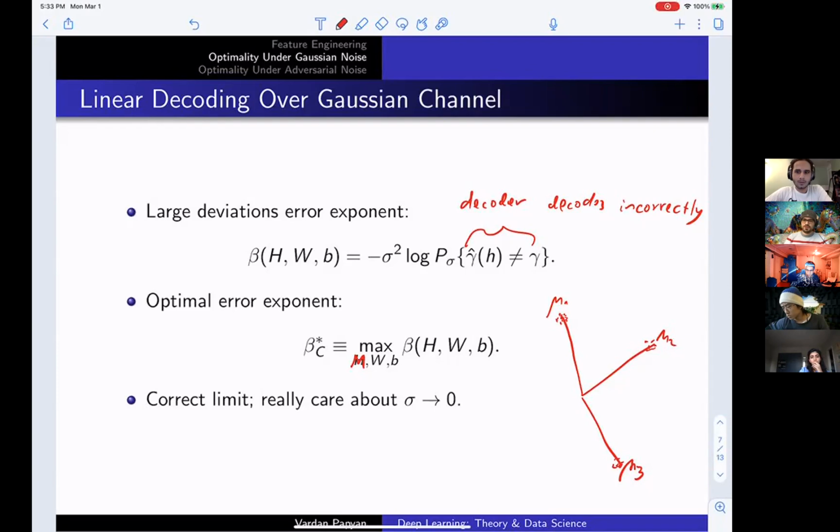So what we're showing is that deep network training naturally converges to a configuration that is optimal. In information theory, they design these because they're interested in finding robust codes, or codes that perform well on Gaussian channels. What we're seeing here is that the network naturally converges to such solutions.